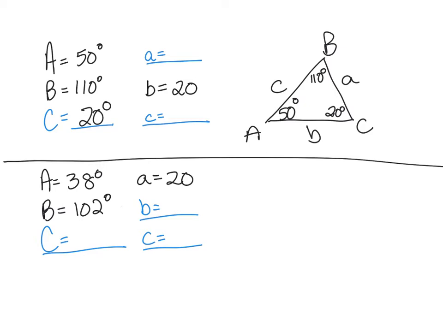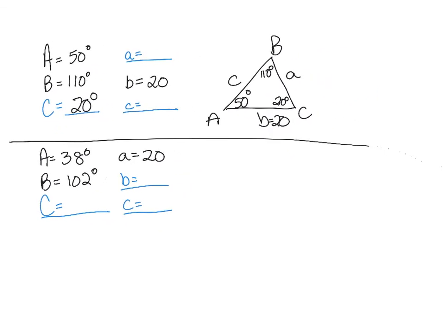Now I have this angle B and I have side b, which is 20. Don't get confused with the angle. So I have an angle and its opposite side, and I can use that to find these. As a general rule, keep in mind that you really do want to start with your largest ones first.